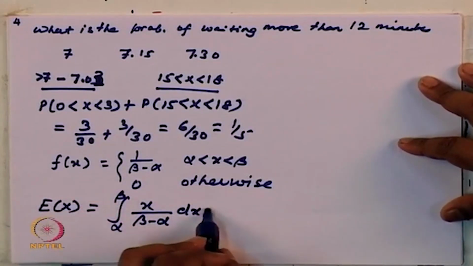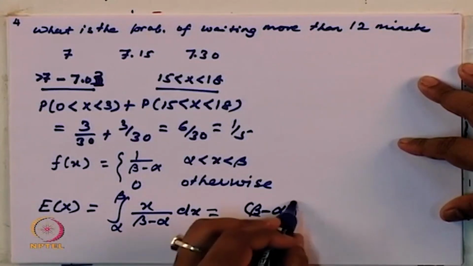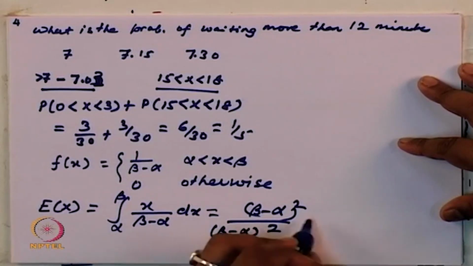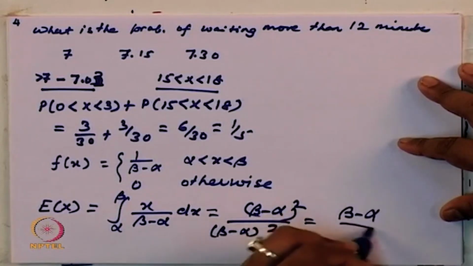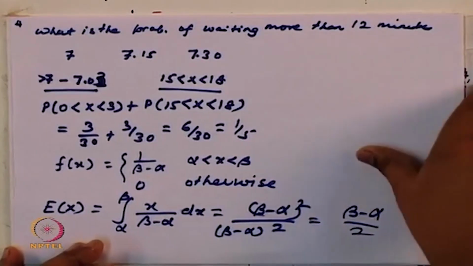This will return you a value of beta minus alpha by 2. Similarly, I can calculate the expectation of x square.